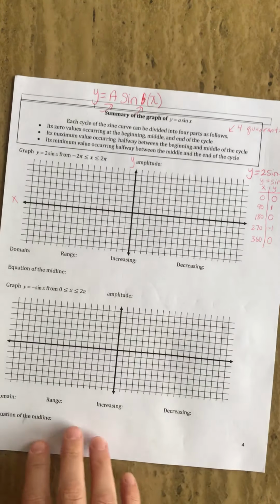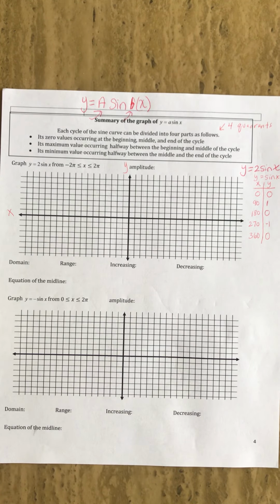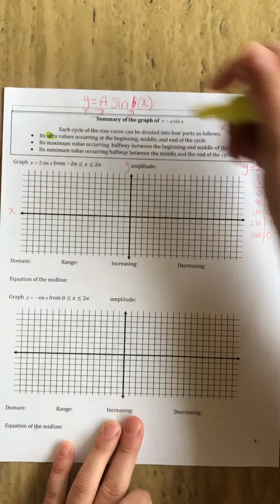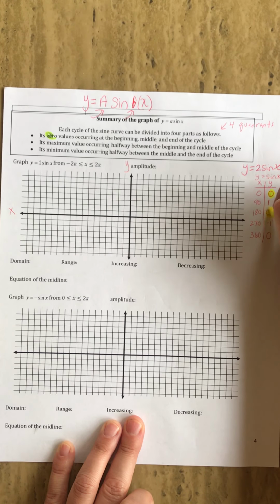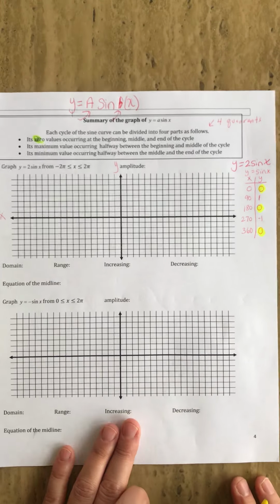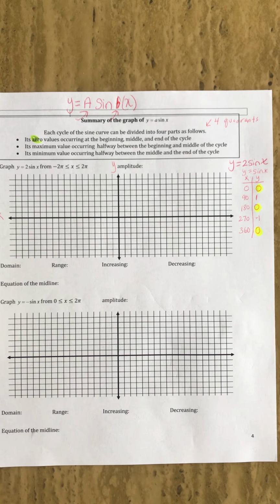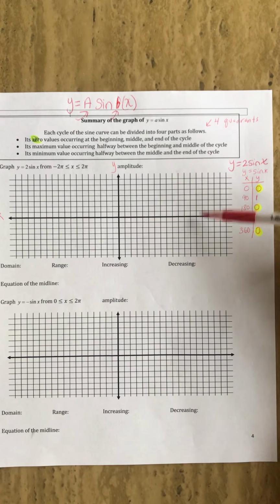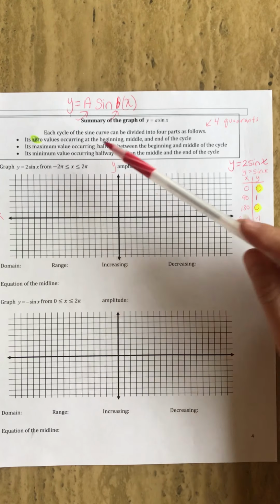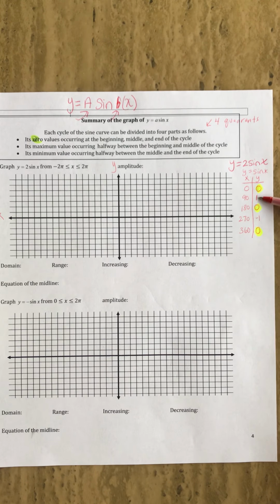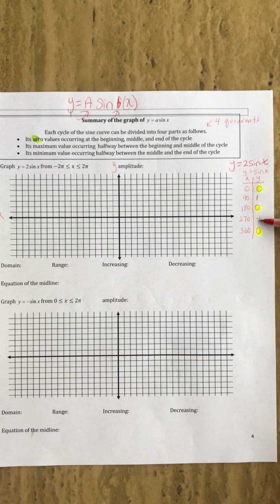And what we're saying here is that the 0 value that you see here occurs in the beginning, the middle, and the end. And that's for the basic sine y equals sine of x. Its max occurs halfway. You guys can see right here, this is the max, and this right here is the min value, and that occurs between halfway and the middle of the end of the cycle.